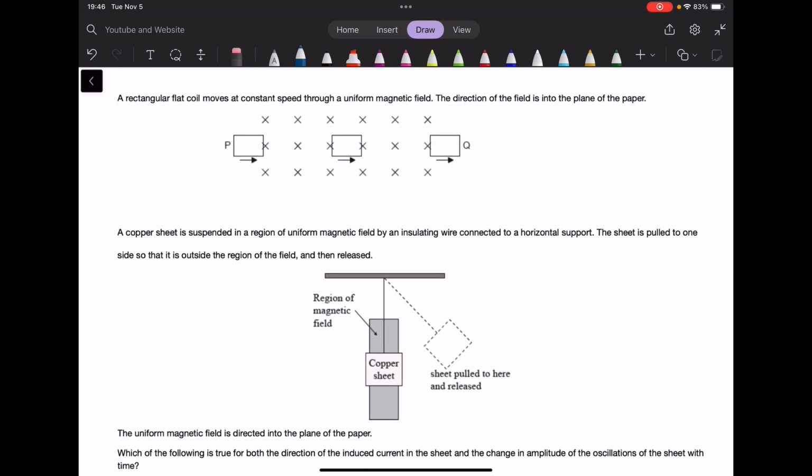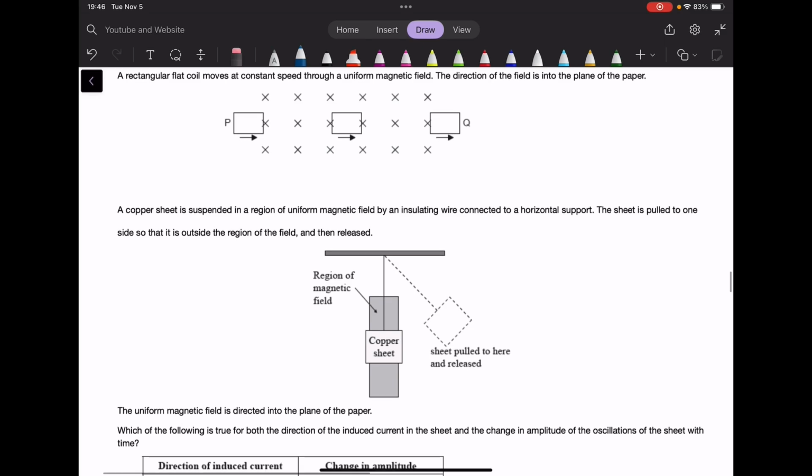A rectangular flat coil moves at constant speed through a uniform magnetic field. The direction of the field is into the plane of the paper. A copper sheet is suspended in a region of uniform magnetic field by an insulating wire connected to a horizontal support.